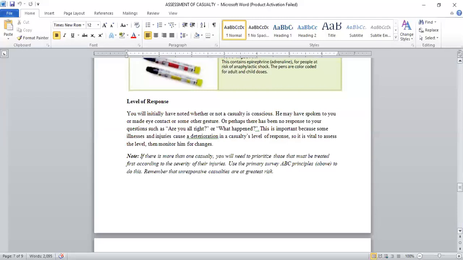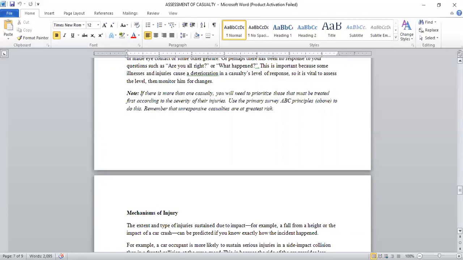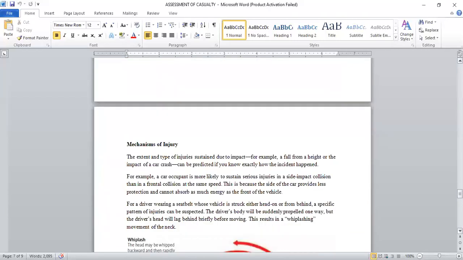They need to be taken care of urgently. If a person is crying, you know that they are breathing. A person who is moaning, you know that they are breathing. But a person who is unresponsive may have a blocked airway, or circulation is an issue, or breathing is an issue. Those are the people you need to give priority in any emergency scene.